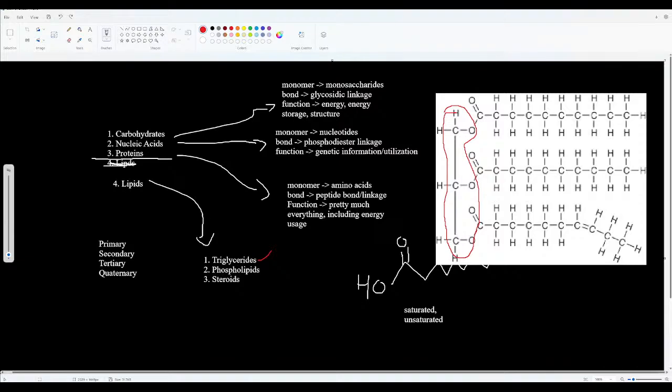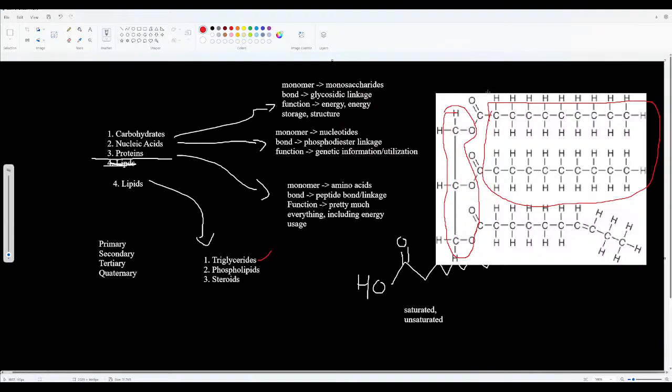Something like butter is solid at room temperature. Something that's butter will primarily be made of these saturated fatty acids, right? Because saturated fatty acids can be tightly packed closer together versus unsaturated, which cannot be.